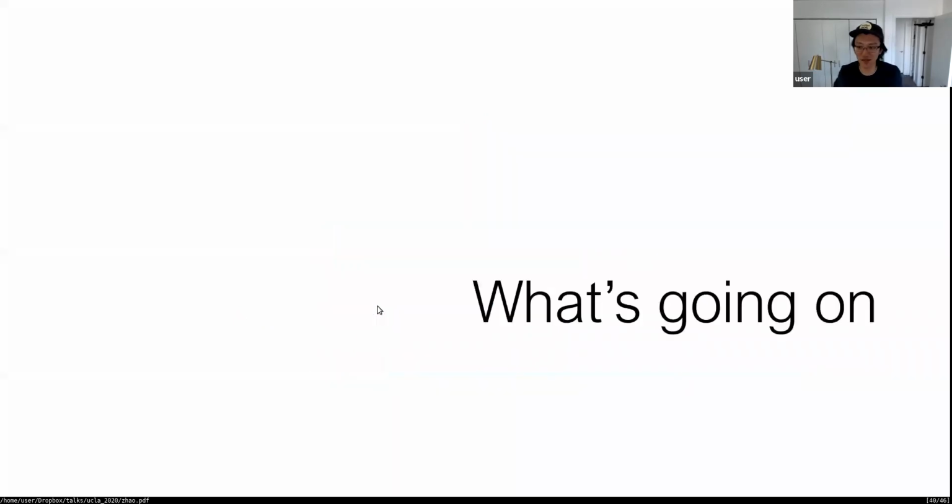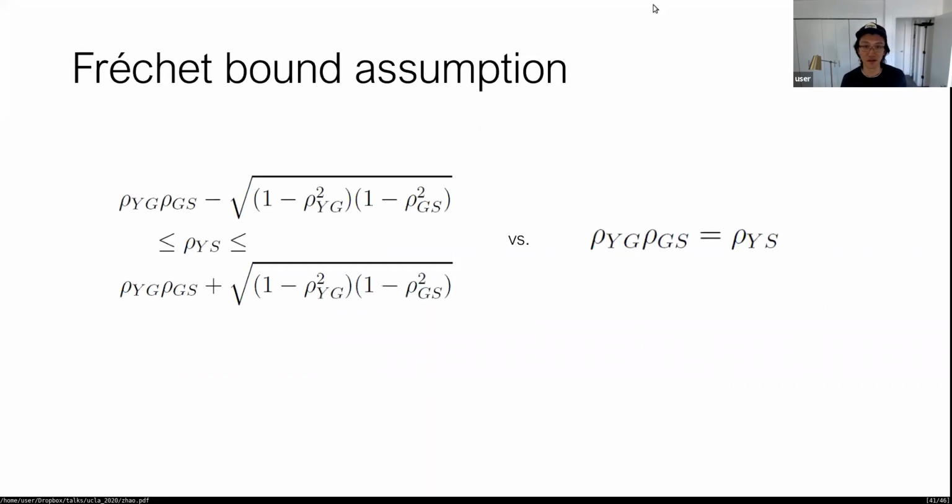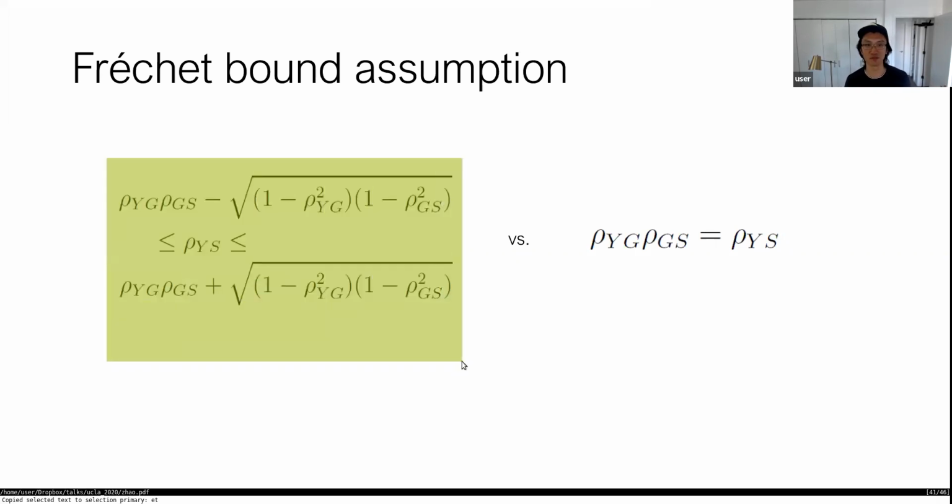Okay, so the last thing I want to talk about is what exactly is going on with this power thing. And I don't really know the answer, but I have 3 possible explanations. So for now, let's just think about univariate Y, G, and S. If we care about the association, the correlation between Y and S, and we make no assumptions at all, then the Fréchet bound says that this must always be true.